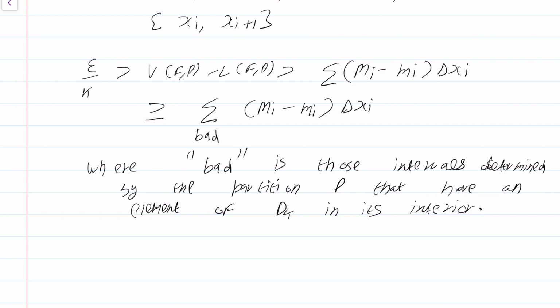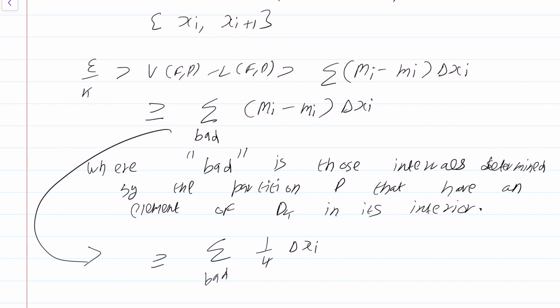What I'm doing is I'm only summing up over those intervals such that there is a point in the interior where there is an element of D_k. That means a point where the oscillation is greater than or equal to 1 by k. Now, why am I doing this? Well, because now this term will be greater than or equal to the summation over bad of 1 by k times delta xi.